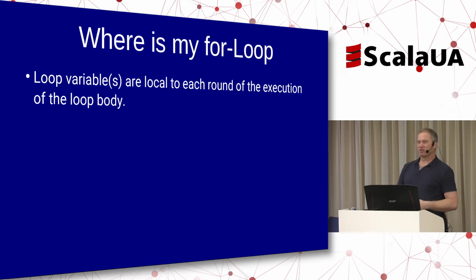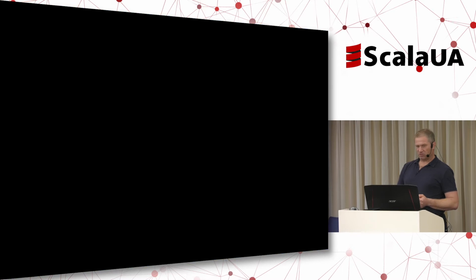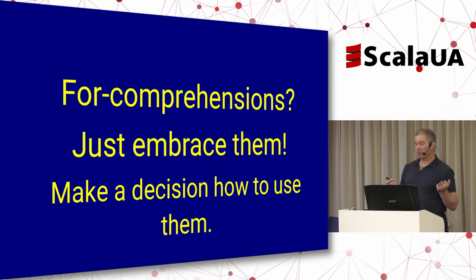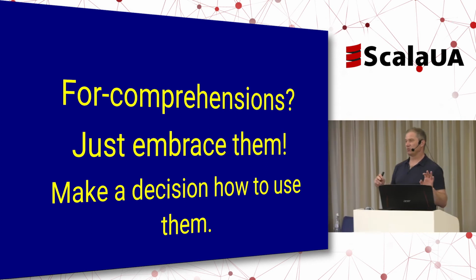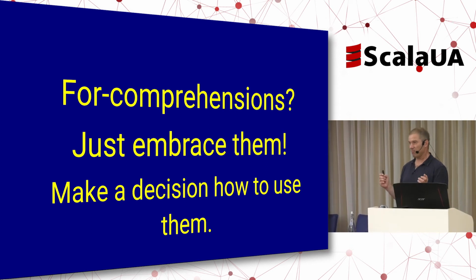So you should embrace it, but you can make a team decision. You can say, okay, we like to write everything with map and flat map, or we like to write certain things with for. It's more or less a decision of what you in the team like better.